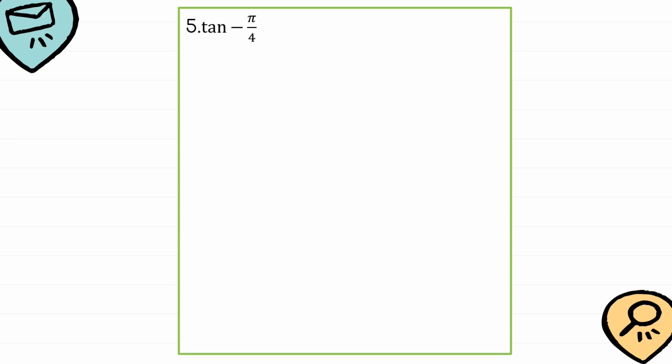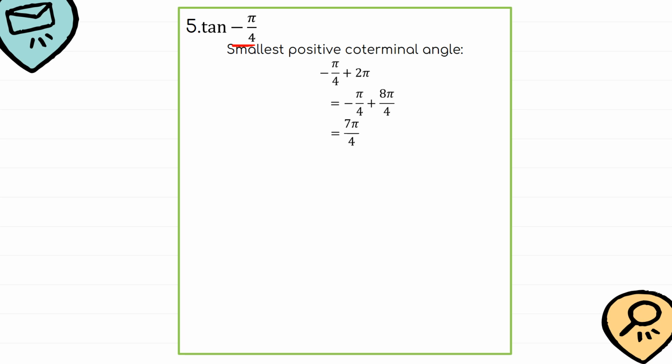And for number 5, we have tangent negative pi over 4. Again, there is a negative sign. So, let's make sure that it is outside the range of the unit circle. So, before we do anything else, we need to find the smallest positive coterminal angle. Okay? So, since it is negative, to get the smallest positive, we add 2 pi. So, simplifying that further, we have 7 pi over 4. Okay?